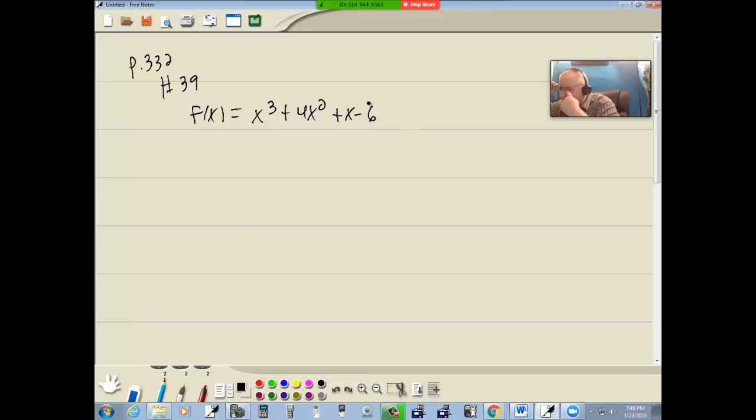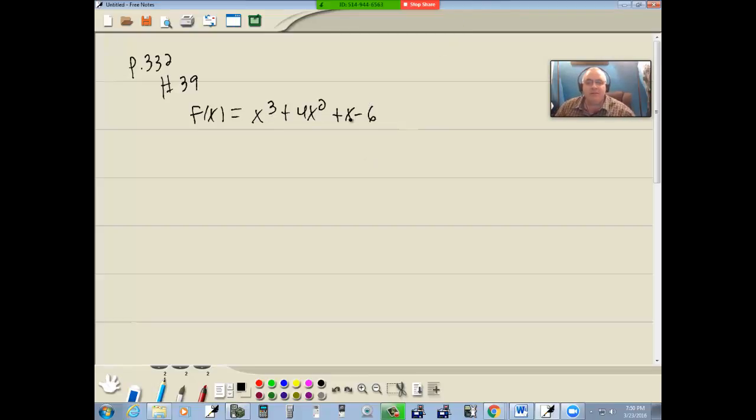The instructions say to factor the polynomial, and then it says solve the equation. Interesting instructions. It's actually easier to solve it first and then factor it, but we'll go with that.